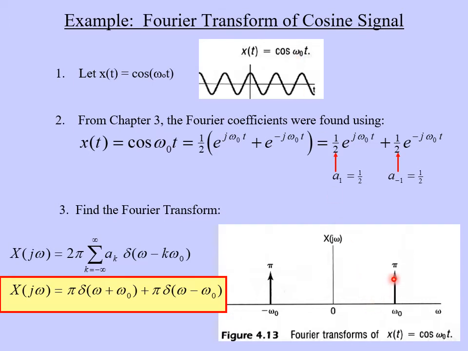So we see the spectrum at omega naught and nowhere else. Of course, remember it's always symmetric, so there's also a minus omega naught here. But the key thing is that since the cosine is a pure frequency, there are no other frequencies other than omega naught, so we see a spike, or a delta function, in its spectrum there.